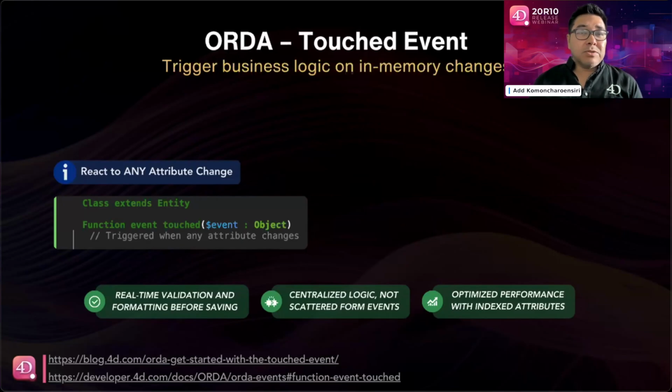You can keep your scalar attributes updated as soon as the input is touched, making them queryable with index support. Lastly, it is very useful when performing a query that involves comparison between multiple attributes. It can't always be used with an index, but with touch you can pre-compute and store the result in a scalar field, then query it efficiently.